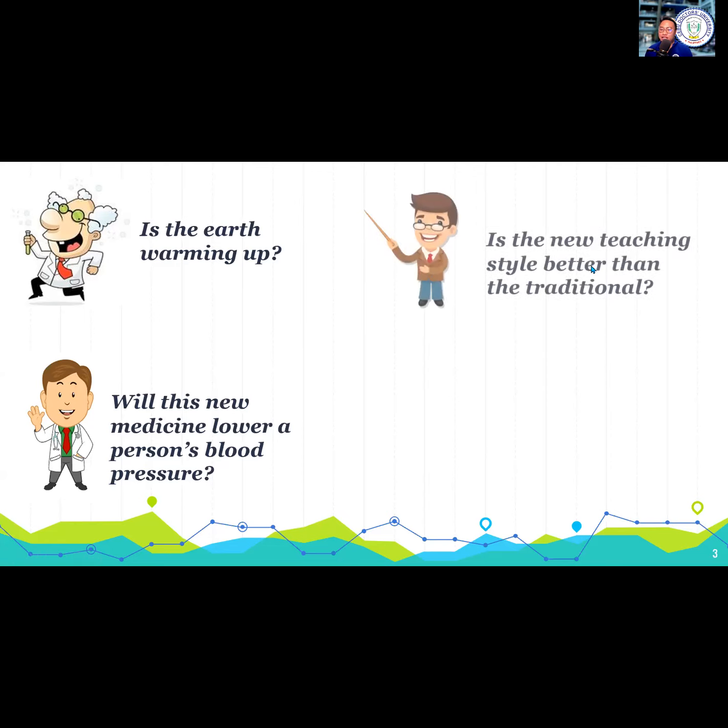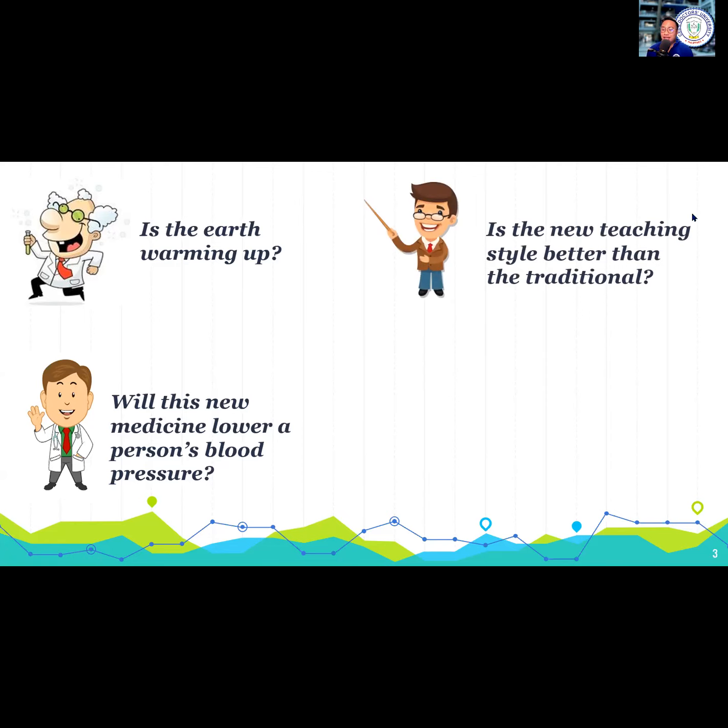Next question is, is the new teaching style better than the traditional one? A good example for this one, guys, comparing teaching styles, is face-to-face teaching and online teaching. Now, people might say that online teaching may be more effective than face-to-face, or some people would say, I like face-to-face better than online.